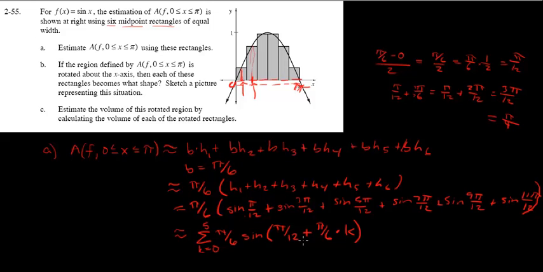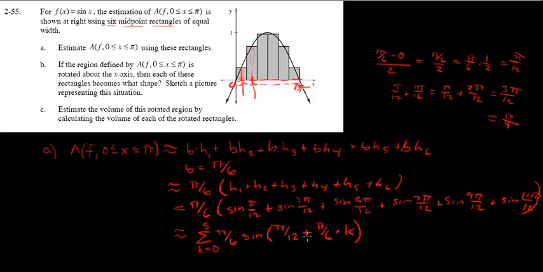So we can use our calculator and put this in. Let me just enter it in. Make sure I'm in radian mode, which I am. My expression is pi divided by 6 times sine of pi divided by 12 plus pi divided by 6 times k.